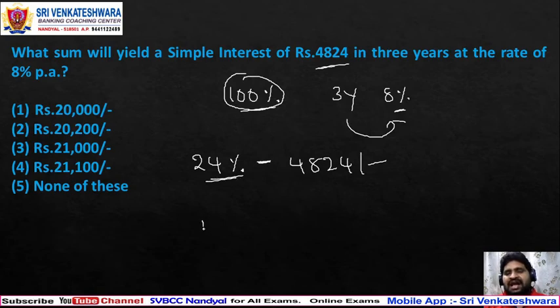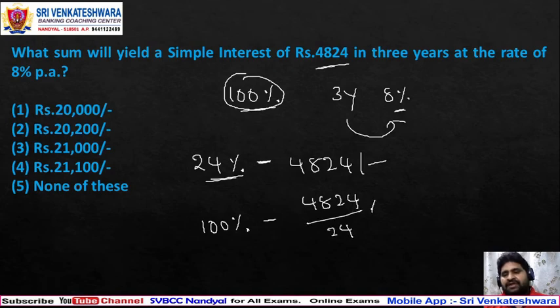We know that I require 100%. What is that sum? If 24% is this much, how much is 100%? So I can write 4824 by 24 into 100. 24 twos are 48, and 24 once gives 201.